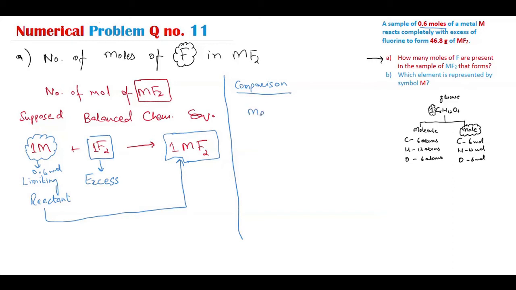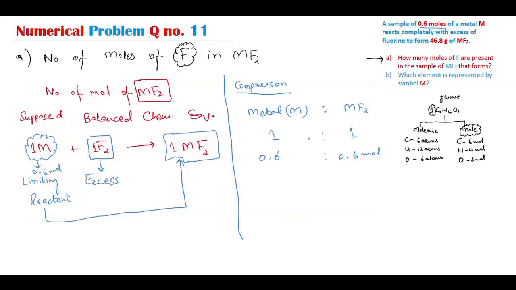The metal M and the compound MF2. From this balanced chemical equation you can see that 1 mole of the metal M produces only 1 mole of compound MF2. Let me put it down over here. But we are told we are having only 0.6 mole of metal M. So how many moles would then be produced? 0.6 mole will be produced.